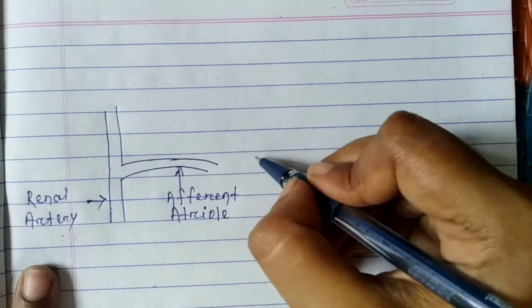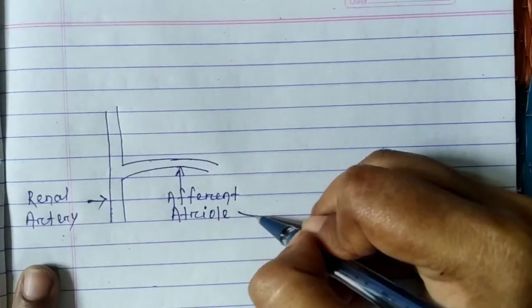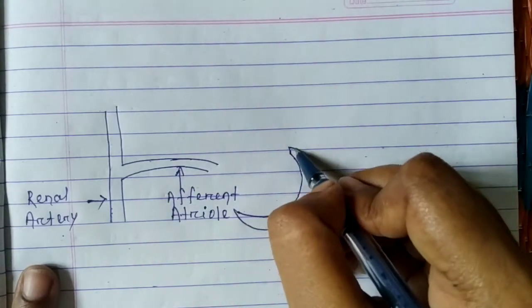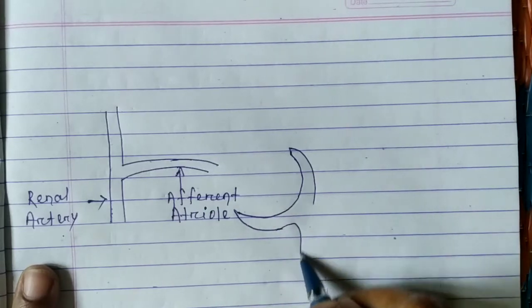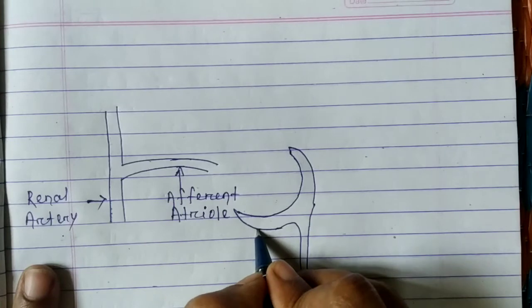The afferent arteriole enters into a cup shaped structure, which is known as your Bowman's capsule.